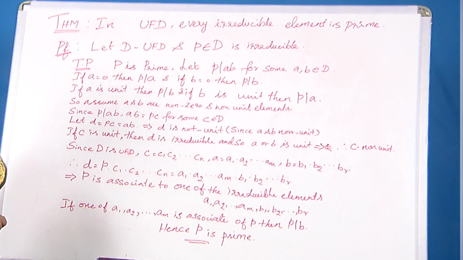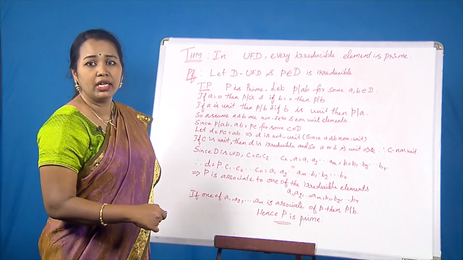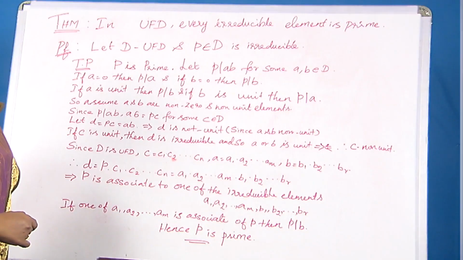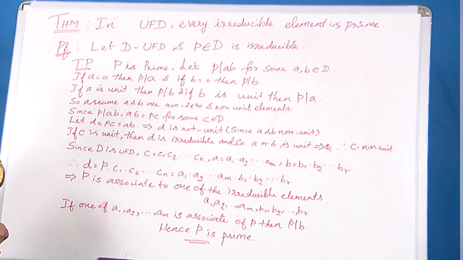Now, D is a unique factorization domain, and therefore, C can be written as a product of irreducible elements C1, C2, so on up to Cn. Because C is a non-unit, any non-unit can be written as a product of irreducible elements. A is a non-unit, B is a non-unit, and all these elements can be written as a product of irreducible elements. So, C1, C2, so on up to Cn, A is equal to A1, A2, so on up to Am, and B is equal to B1, B2, so on up to Br.